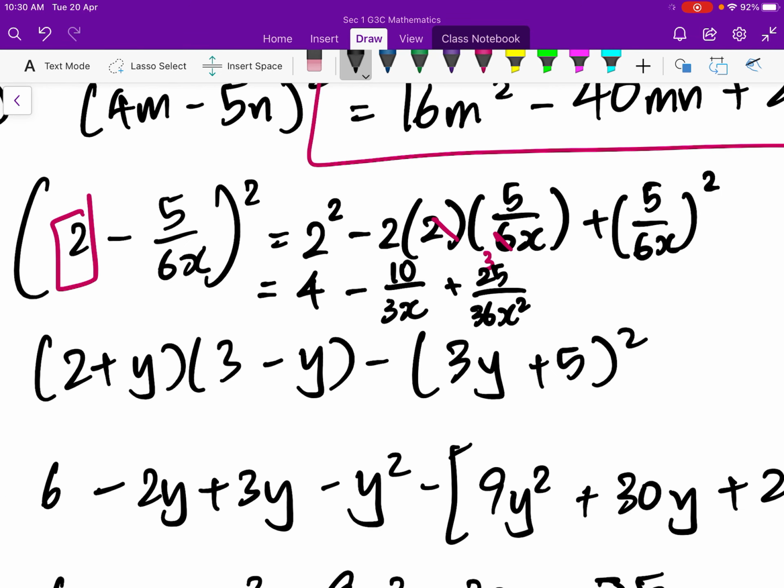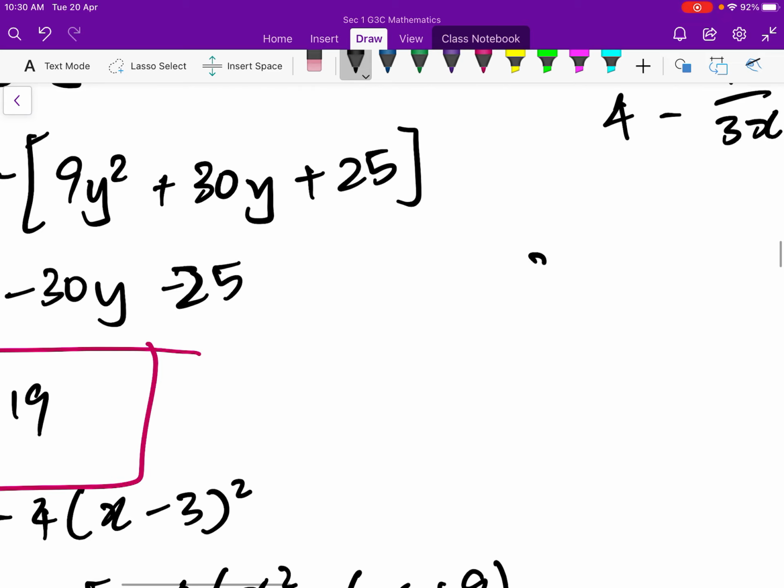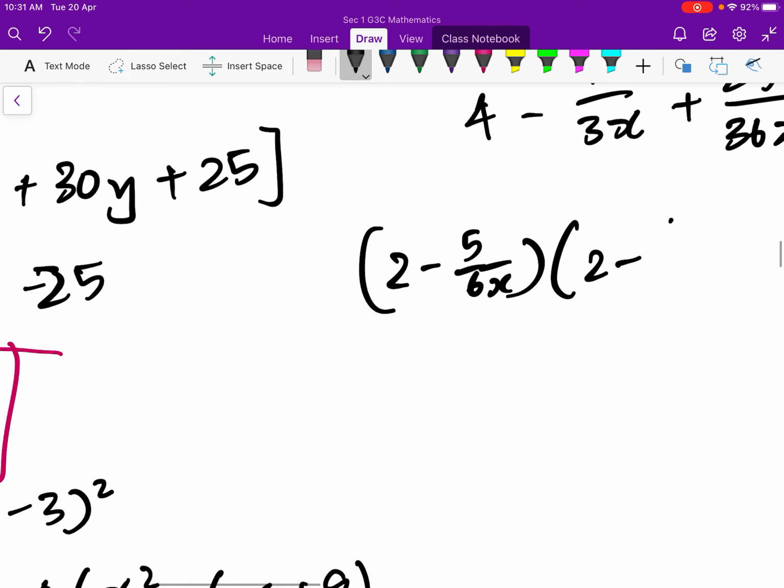Ishan, okay? Can I just check? Did anybody do this without formula? That means you tried to do a rainbow method. Like this, 2 minus 5 over 6x, squared. We should try to do this. 2 minus 5 over 6x, then you multiply by another 2 minus 5 over 6x.